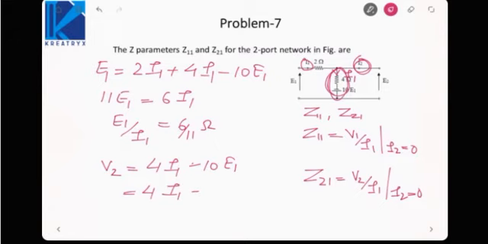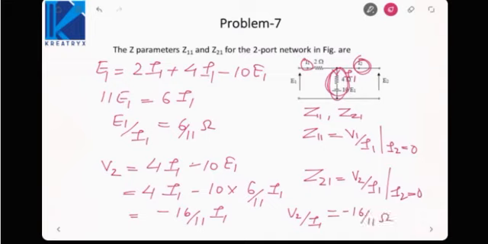E1 can be written as 10 E1, 10 into 6 by 11 I1. So it is 44 minus 60, that is minus 16 by 11 I1. So what is V2 by I1? It is minus 16 by 11 ohm. So that is your next parameter Z21.